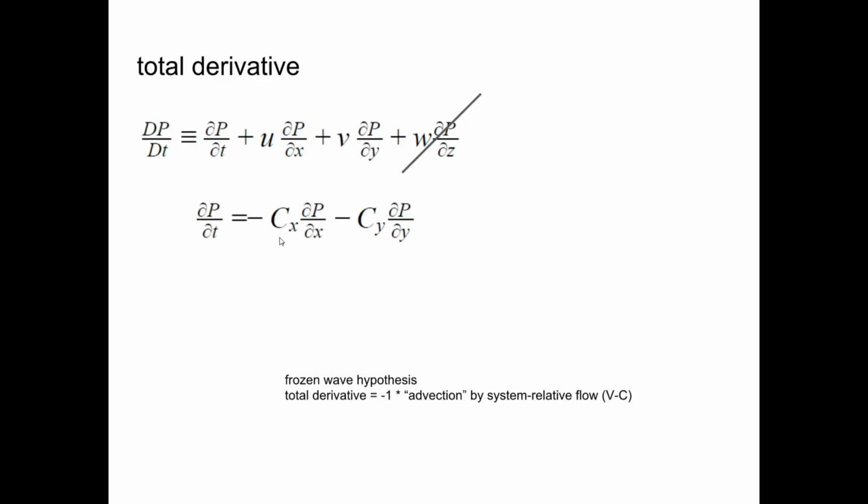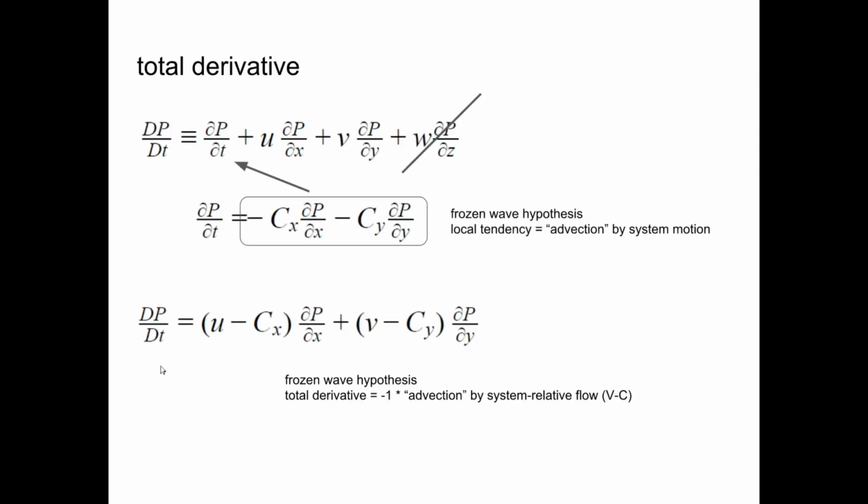So that's minus c sub x dp/dx minus c sub y dp/dy, where these c sub x and c sub y are the horizontal components, east-west and north-south, of the system motion. And we can combine these two together, right? We can substitute in this equation, and notice that we have two terms that have dp/dx that we can combine together, and two terms with dp/dy that we can combine together.